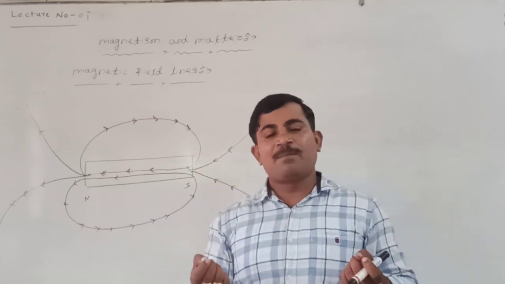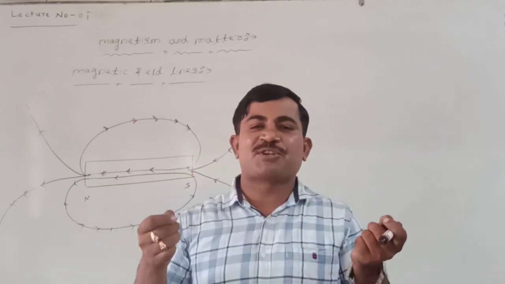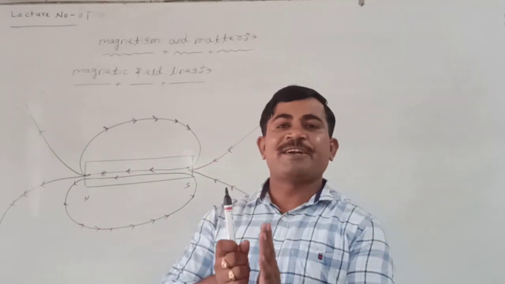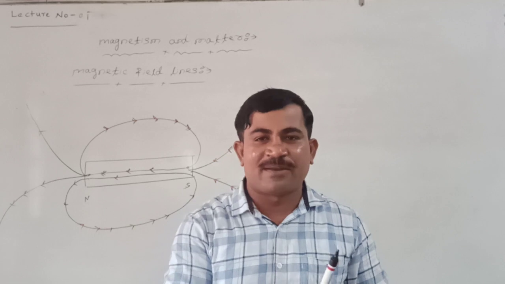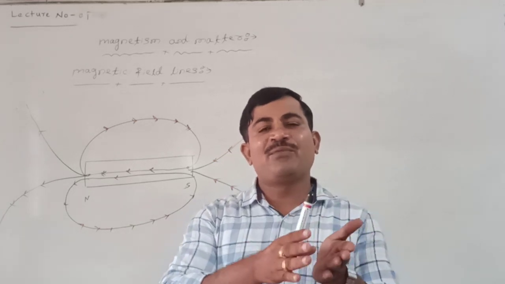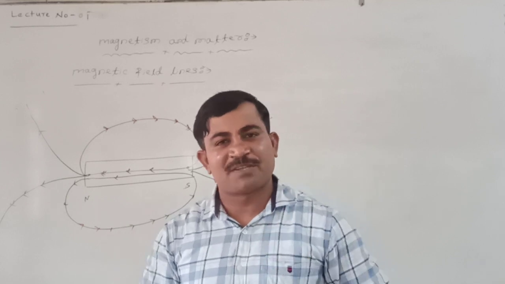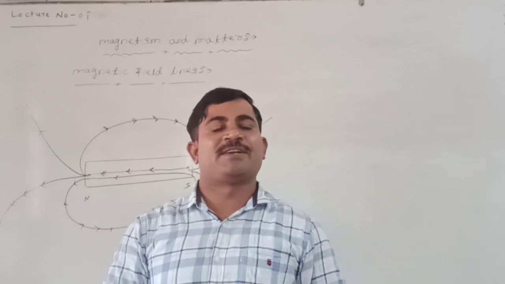Simply, you can say magnetic field lines are nothing but a pictorial representation of the magnetic field. How the magnetic field can exist around a current carrying wire, or how the magnetic field lines can exist around a given magnet, that pictorial representation is nothing but magnetic field lines.